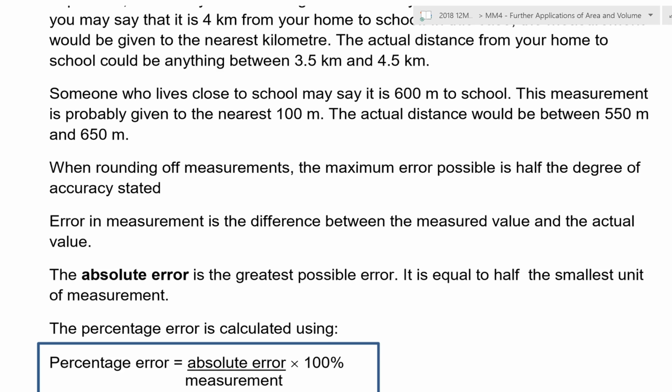So, if your ruler measures in centimetres, then your absolute error is plus or minus half of a centimetre. If your ruler measures in millimetres, then your absolute error is plus or minus half of a millimetre.